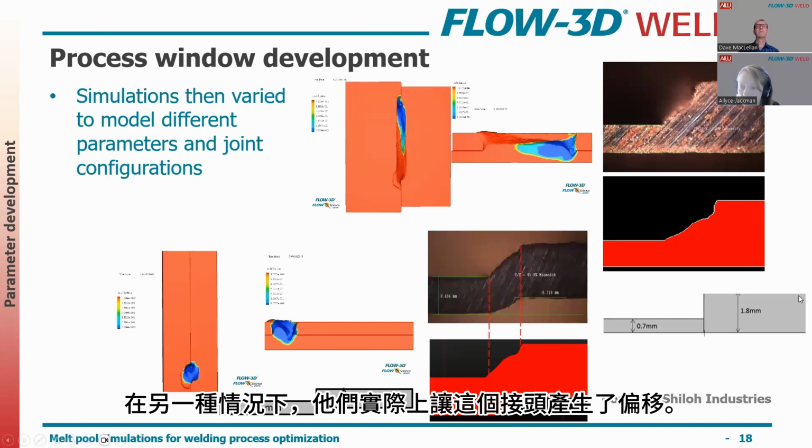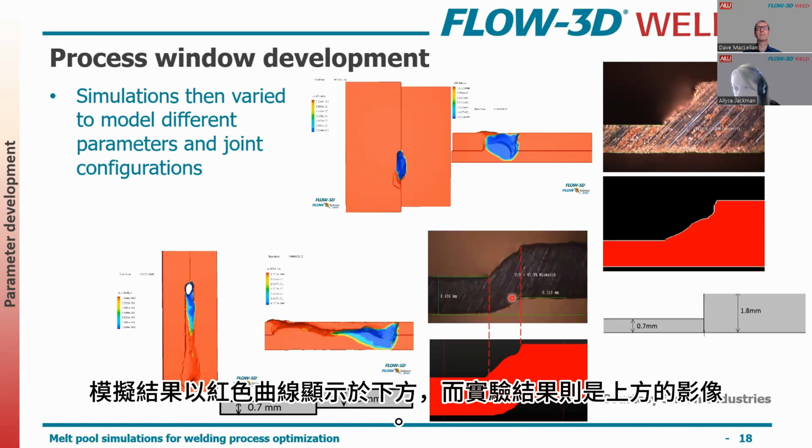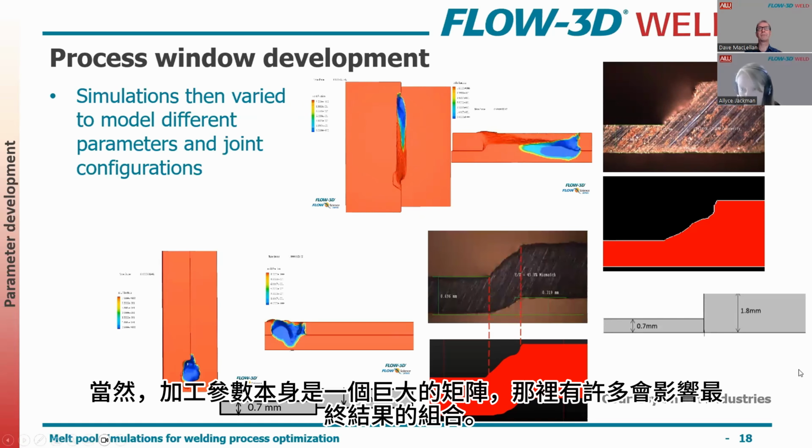And then in another case, they had an offset of this joint, so they needed to do full penetration through both plates. And so you can see the agreement there between the top and the bottom surface profiles. Simulation is down here in red, and the experiment is the image on the top, of course.